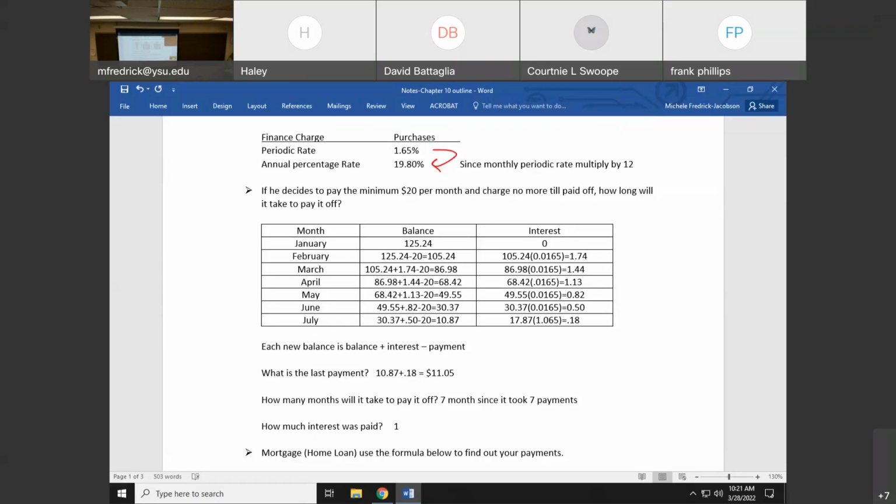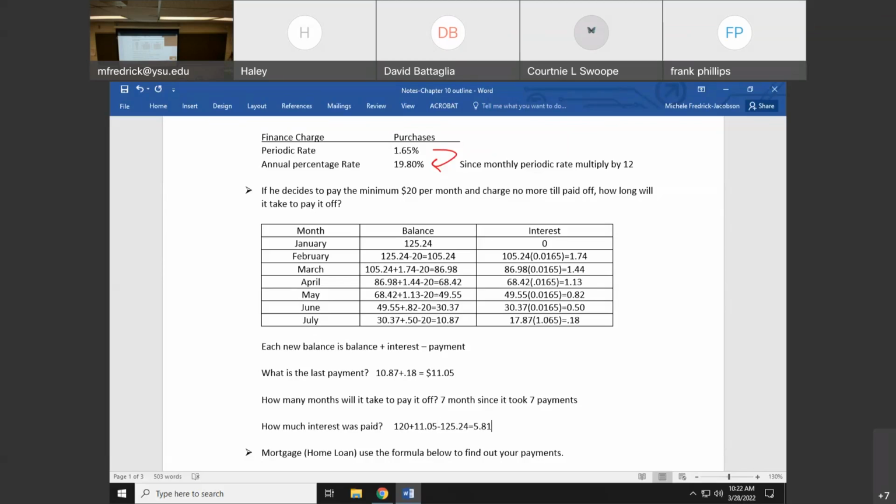So it was 120 for the 6 payments, plus the last payment was 11.05. There we go. So that's another way of doing it.